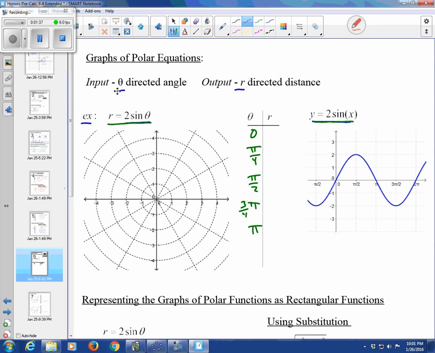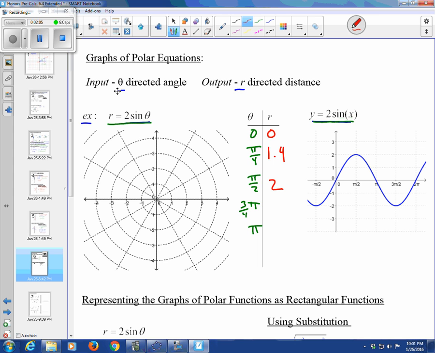So right here, plugging in 0, sine evaluates 0 and gives us an output of 0, times 2 would be 0. Plugging in pi over 4, we get square root of 2 over 2 for sine, and then we multiply by 2, and that gives us the square root of 2, which is approximately 1.4. When we plug in pi over 2 into sine, we get an output of 1, times 2 would give us 2.